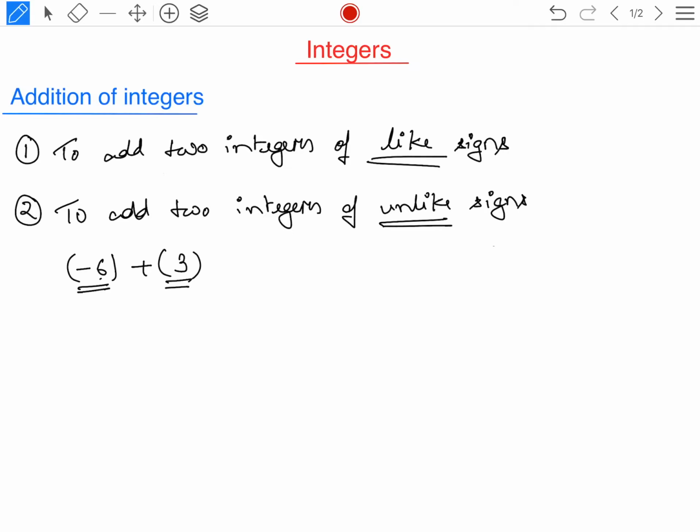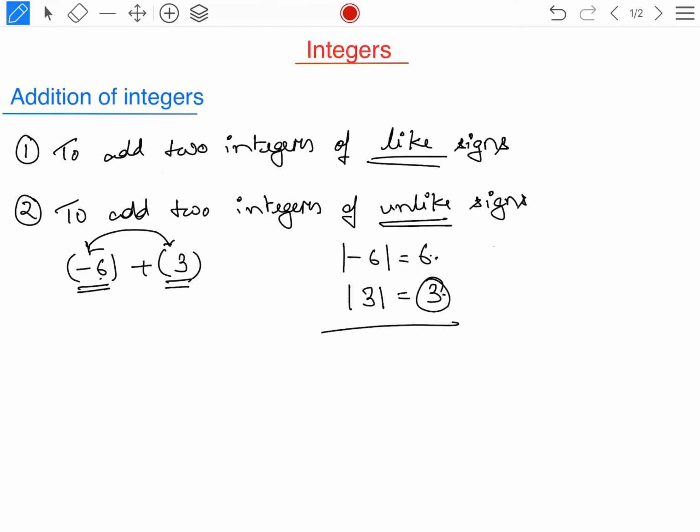Now what will we do? The first step is the same. You need to find the absolute values. The absolute value of -6 is 6 and the absolute value of +3 is 3. But in this case, if the signs are different, then you need to subtract the smaller number from the greater number. One absolute value is 6 and the other is 3. All of you know that 6 is greater than 3, yes or no?